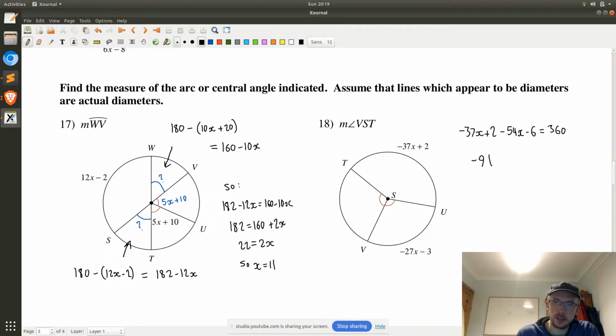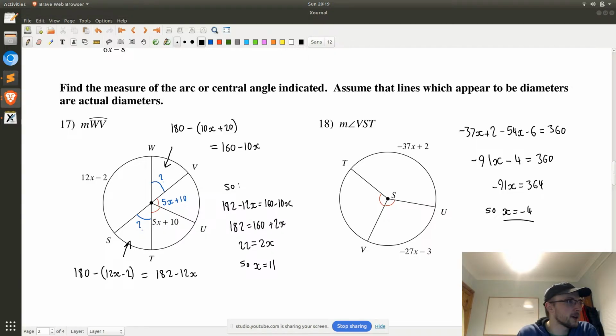So -91x take 4 is 360. Add it on the other side and divide. And check. Oh no, you're supposed to find the measure of the angle, not just simply find out what x is.